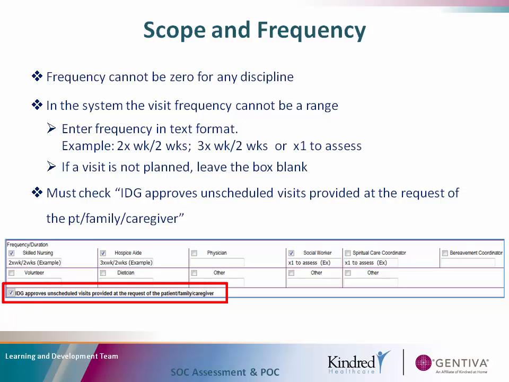Use the checkbox to indicate the IDG approves of the unscheduled visits provided at the request of the patient, family, caregiver. And lastly, remember, these are planned frequencies. We will make as many visits as our patients need. These frequencies are reviewed at IDG meetings and determined for the time period between those meetings.